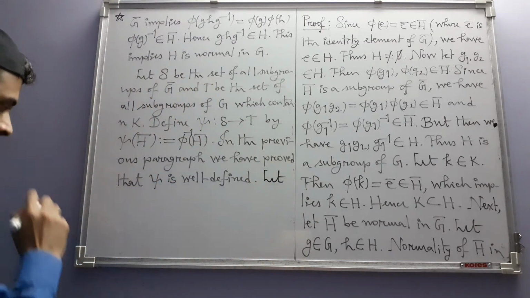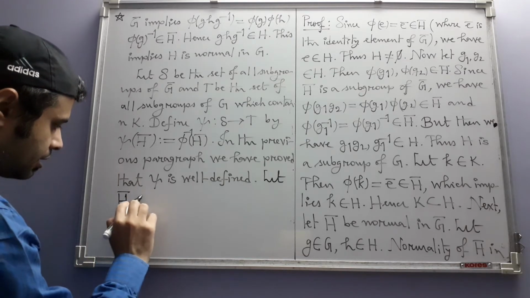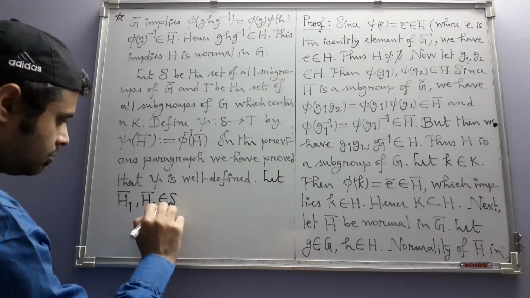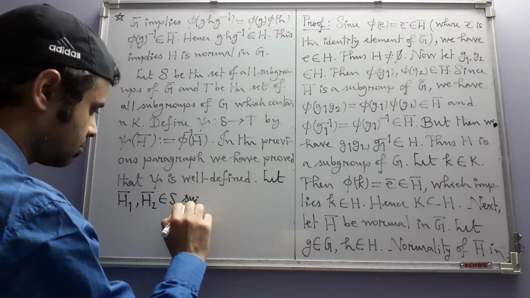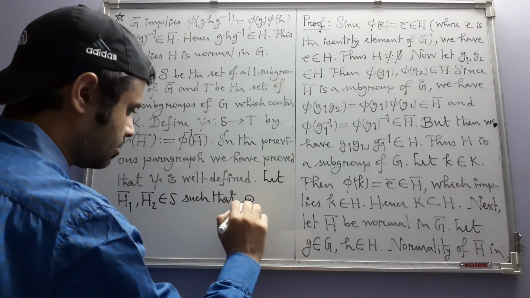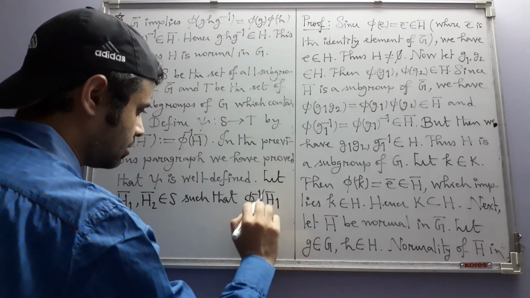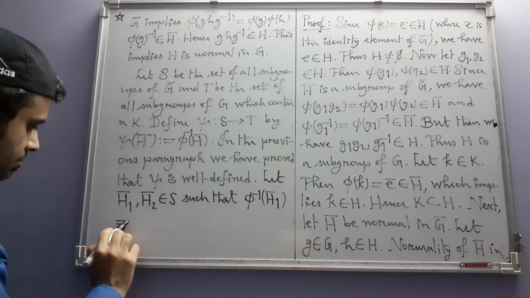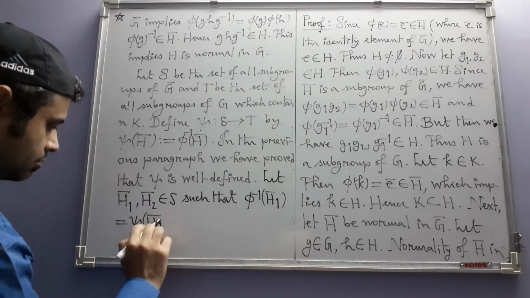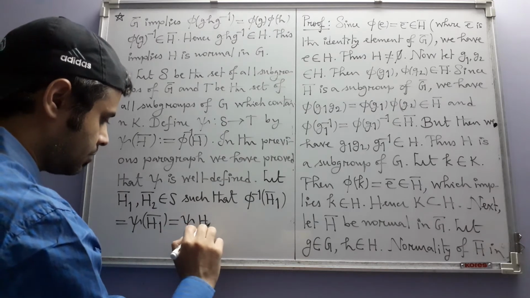Let H1 bar and H2 bar belong to S such that phi inverse of H1 bar, which is psi of H1 bar, is equal to psi of H2 bar.